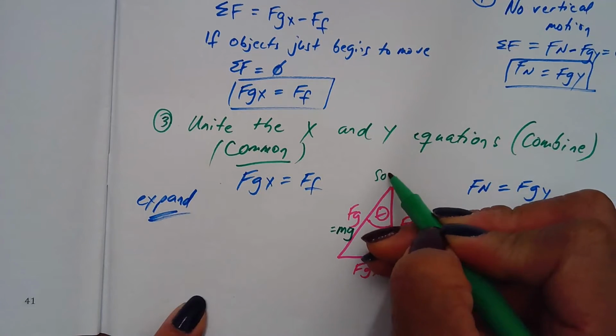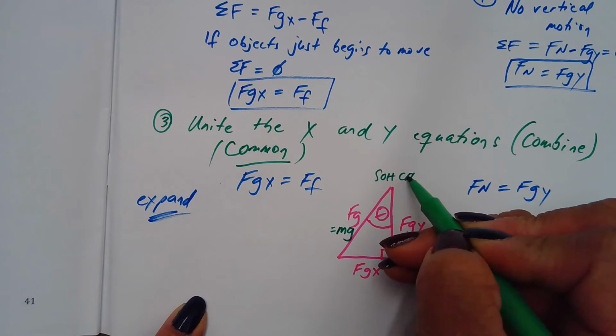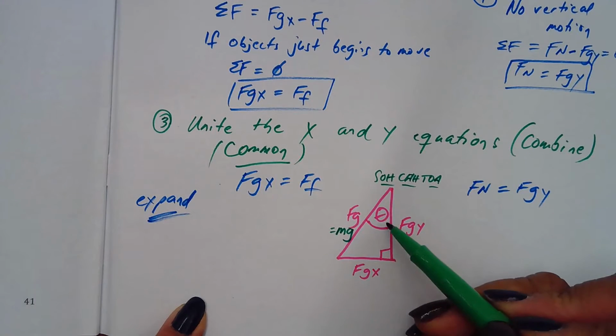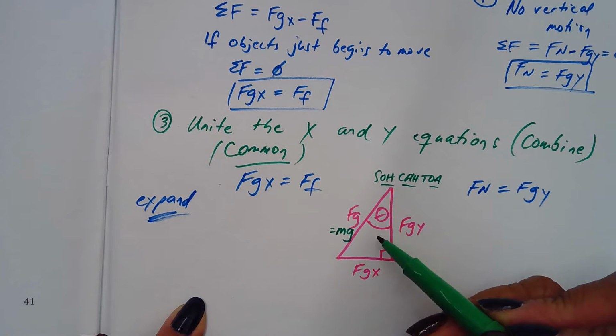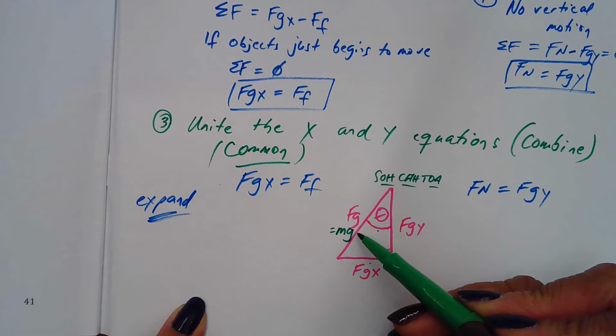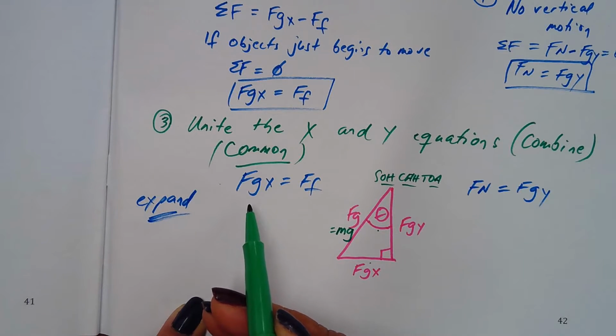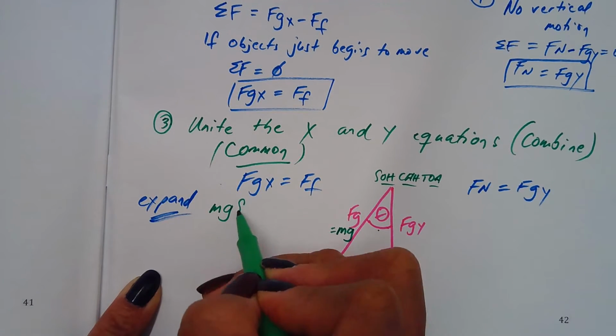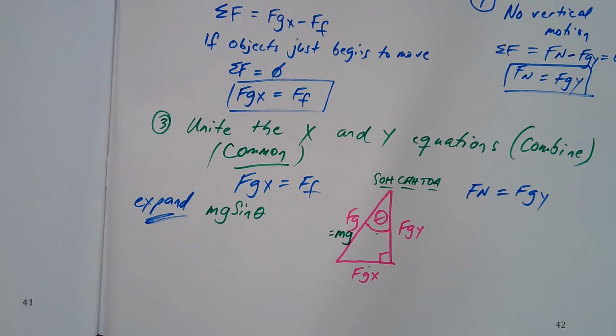This is when your trigonometry that we practiced in the beginning will come back. SOHCAHTOA. If this is my angle, I'm looking at opposite and hypotenuse. So this will be sine. So then this will be expanded as mg sine theta. Is that okay? Okay so far?